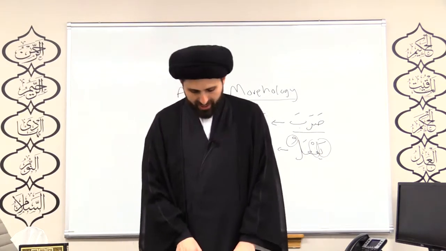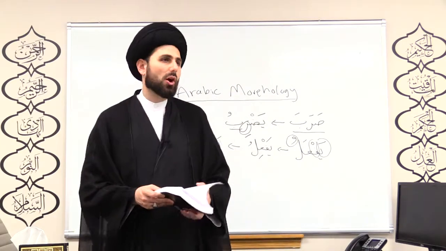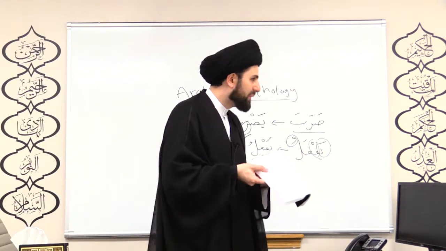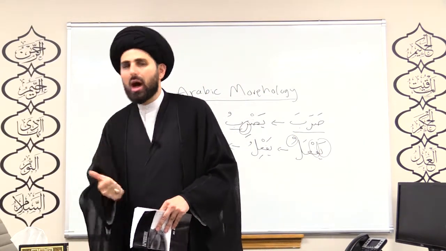Now let's go to page 32 in the book to examine the chart for fi'l al-mudari'. We examined the chart for fi'l al-madi. We examined the 14 forms that it comes with. Now let's examine the pronouns that attach to al-fi'l al-mudari'.